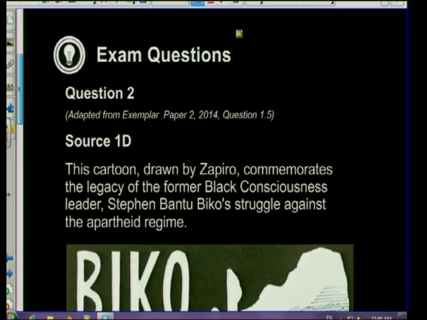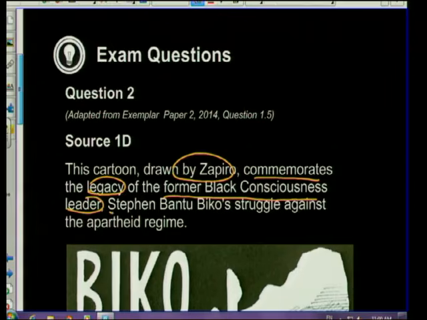Now let's have a look at source 1D. It says, this cartoon, drawn by Zapiro, famous cartoonist, commemorates the legacy of the former black consciousness leader, Stephen Bantu Biko's struggle against the apartheid regime.